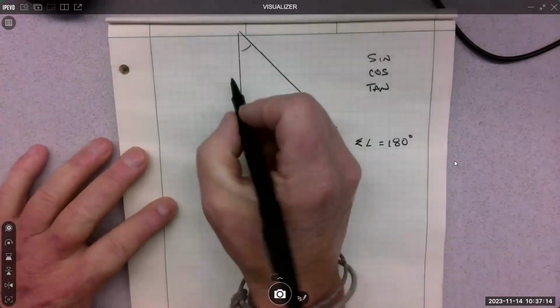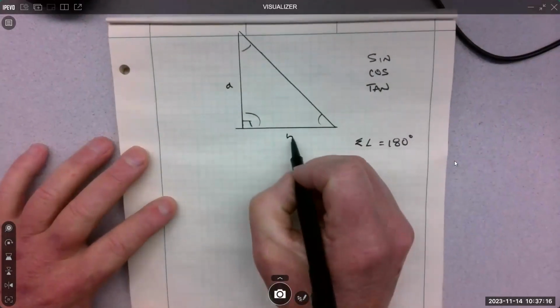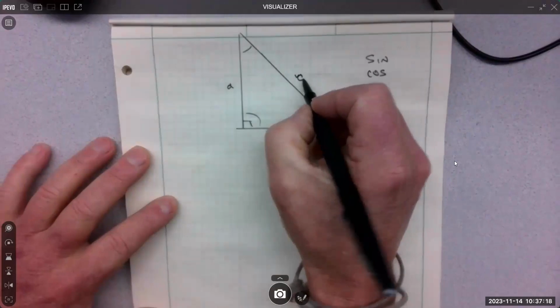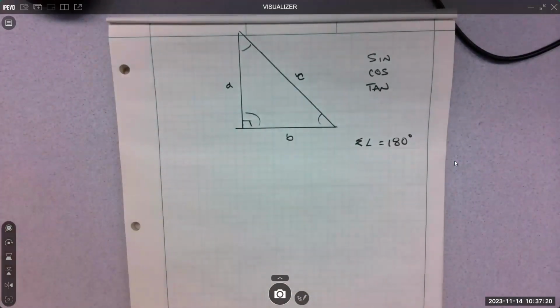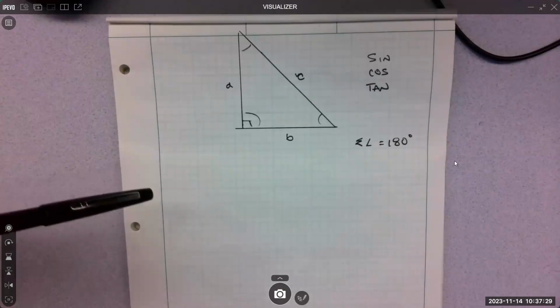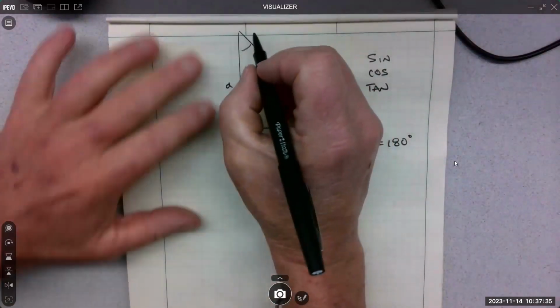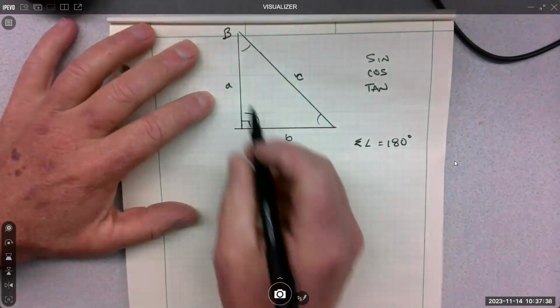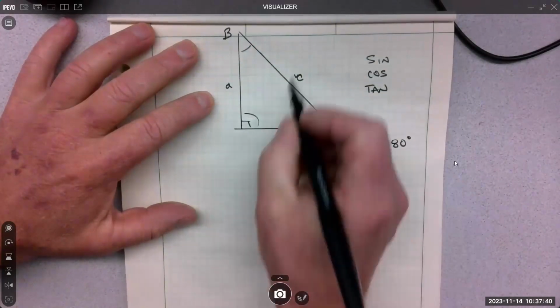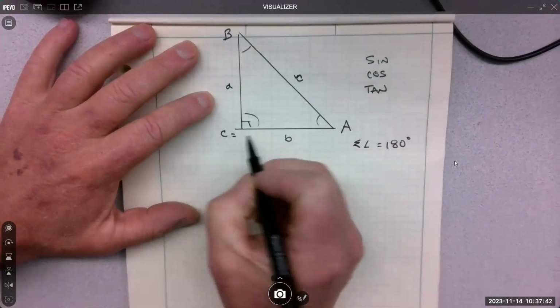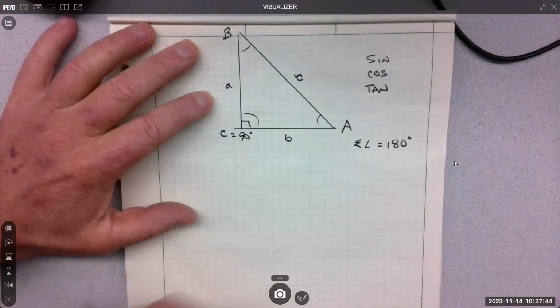Typical labeling: A, B, and C. A and B can be either side. C typically is the hypotenuse. Notice it's lowercase for the sides, and then it would be capital letters for the angles, and it's the angle opposite. So this would be B, this would be A, this would be C, but we already know that as 90 degrees.